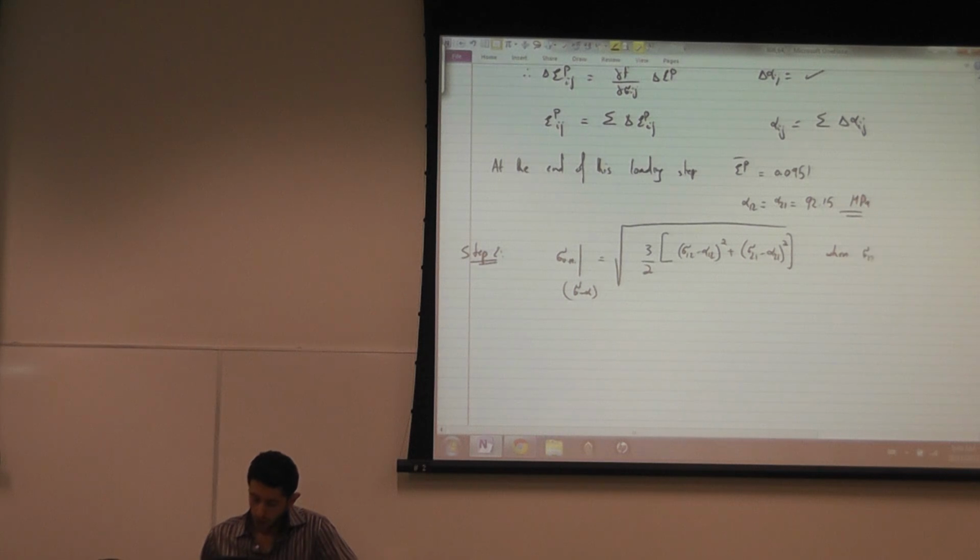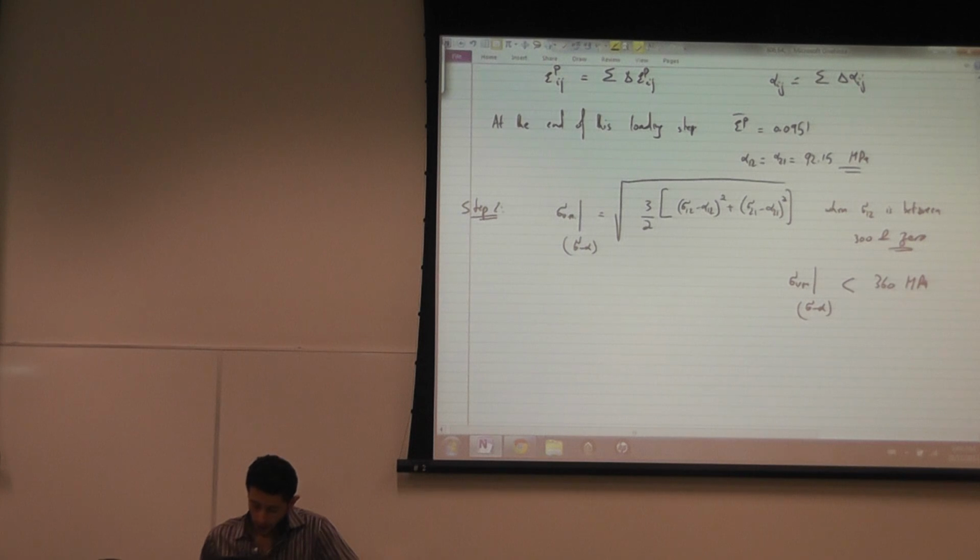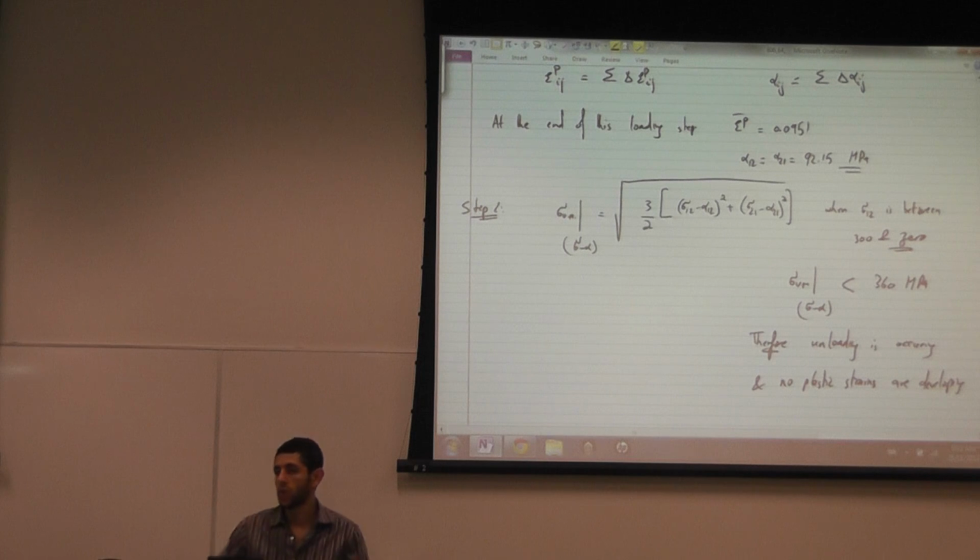When sigma 1, 2 is between 300 and 0, sigma minus alpha will be less than the 360 MPa. Therefore, unloading is occurring and no plastic strains.